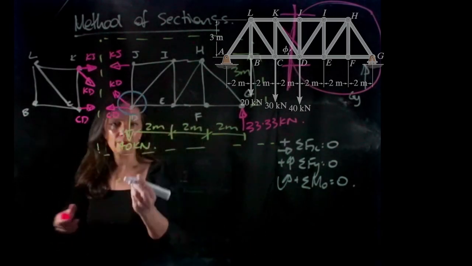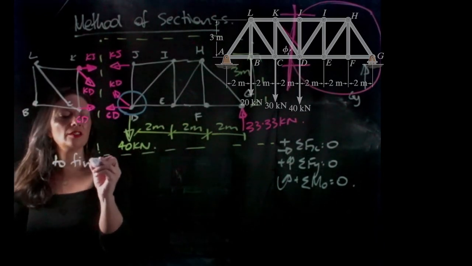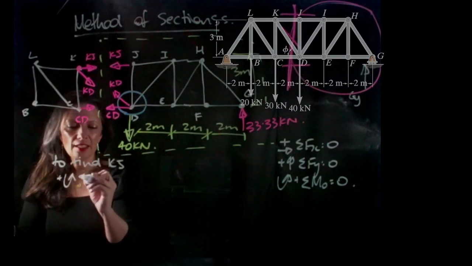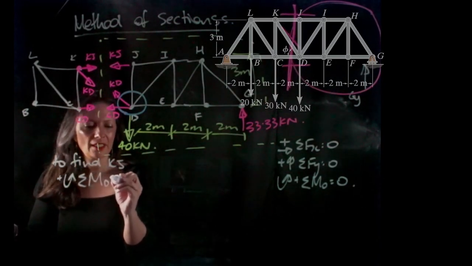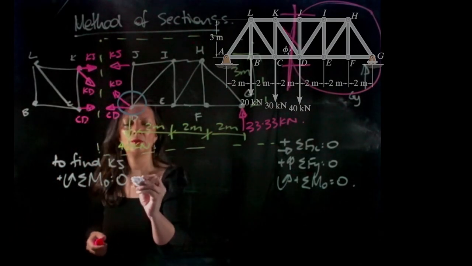So we can say that to find KJ, we're going to take the sum of the moments around D to equal 0. So what's going around D? What moments do we have?